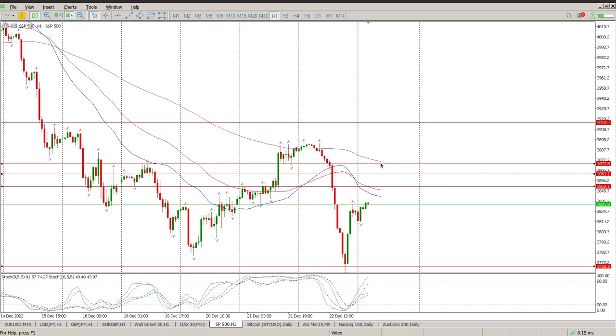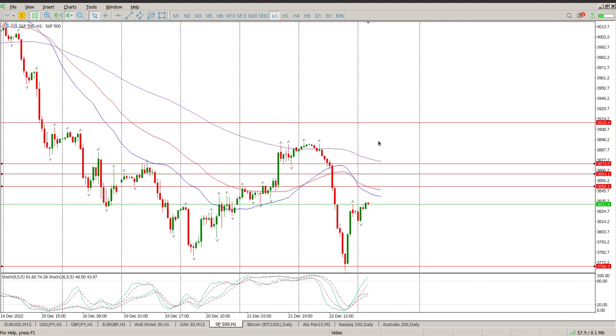The rejection we're looking for is inside bars, engulfing bars, or pin bars off those levels. We just want a tail piercing the level, with the body closing below the level. Then we're looking for a short entry on the break of that structure, and we're looking to come back down to 37.68.